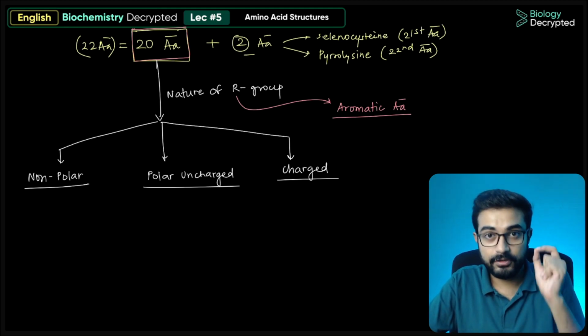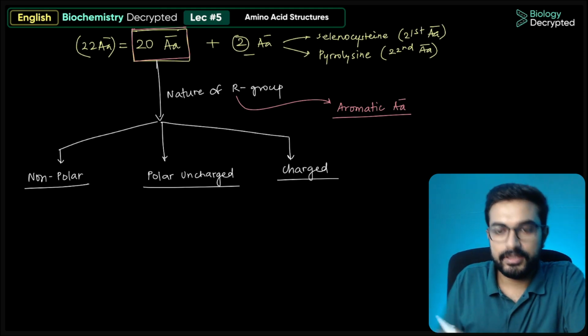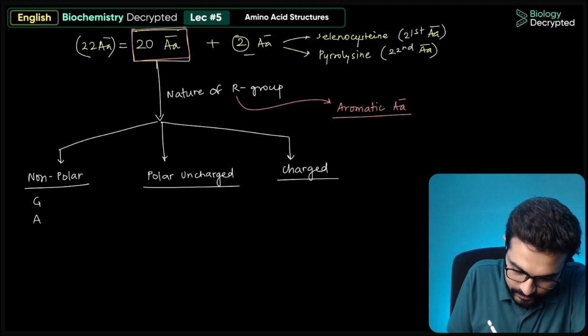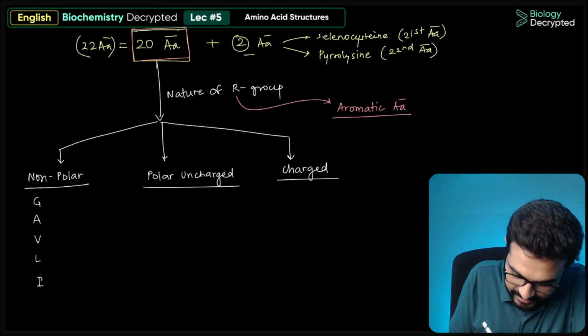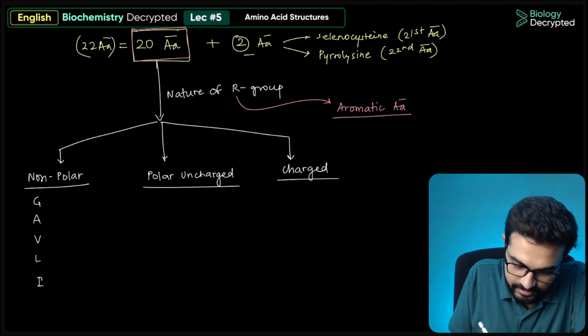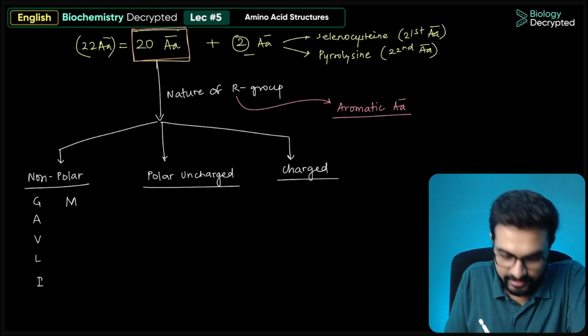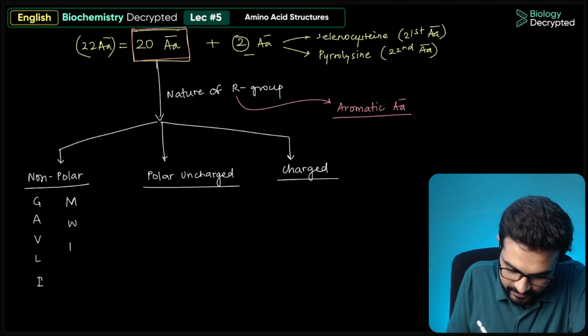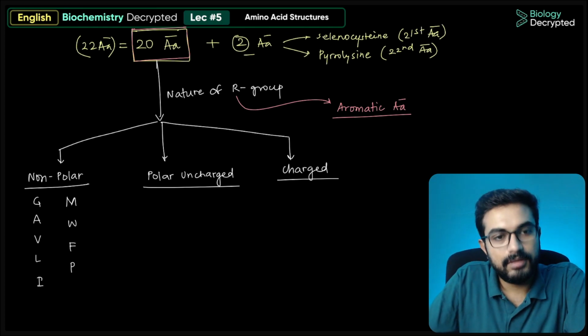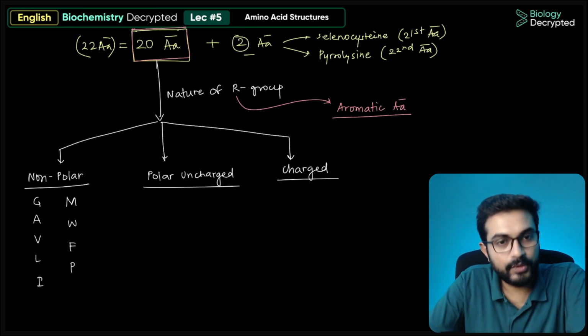So keep focusing. Now, the non-polar amino acids can be written as GAVLI, and then we can write MWFP. GAVLI, MWFP.